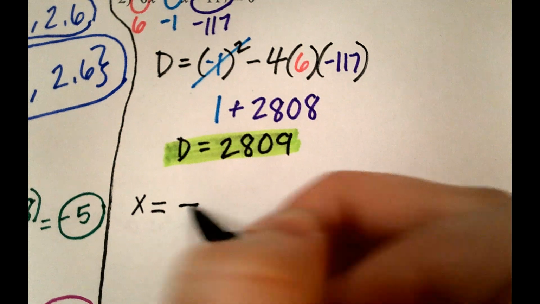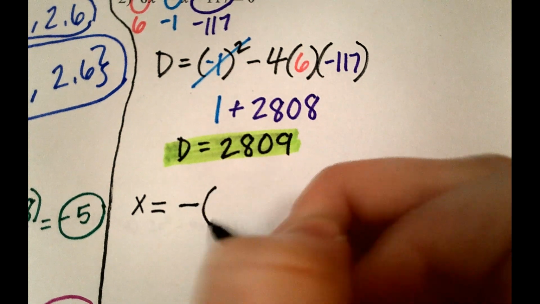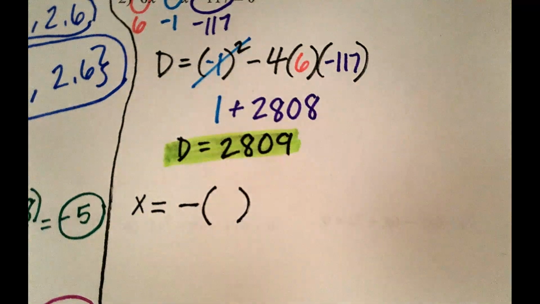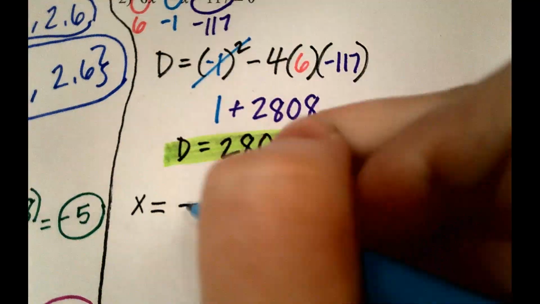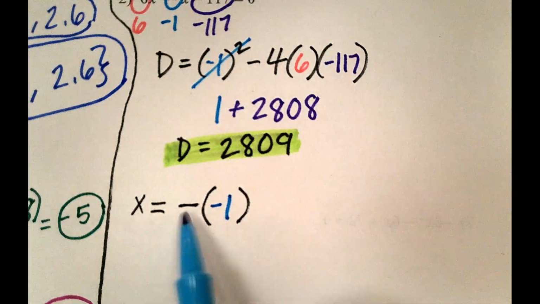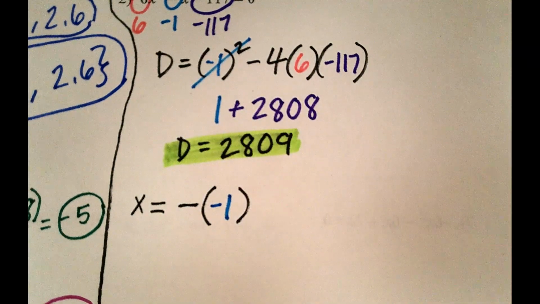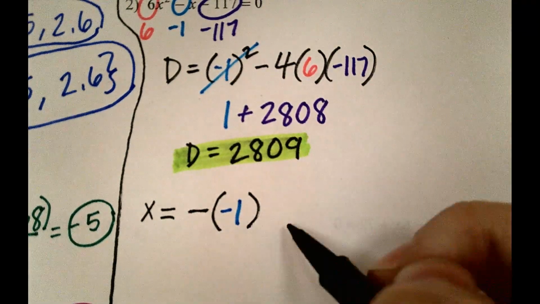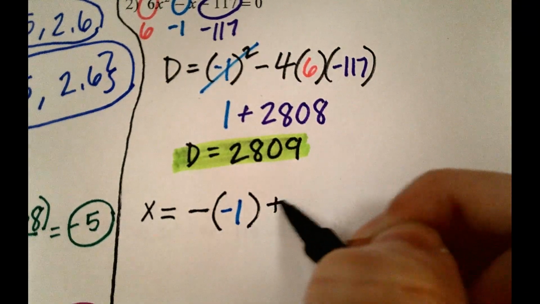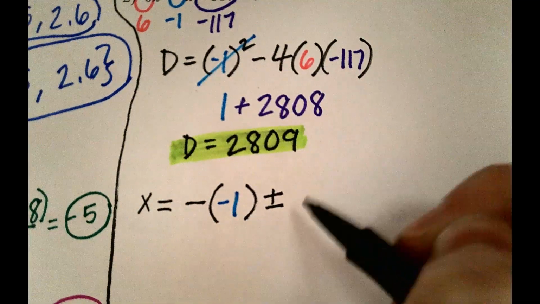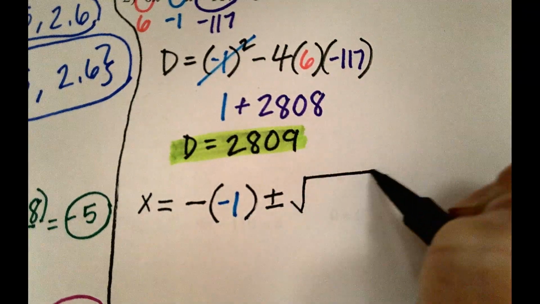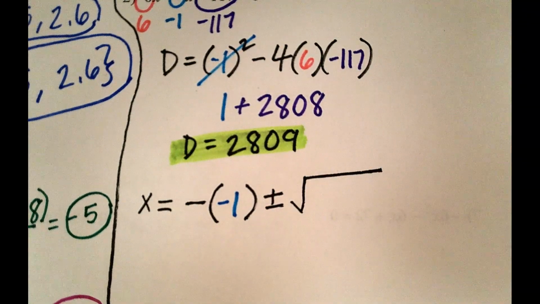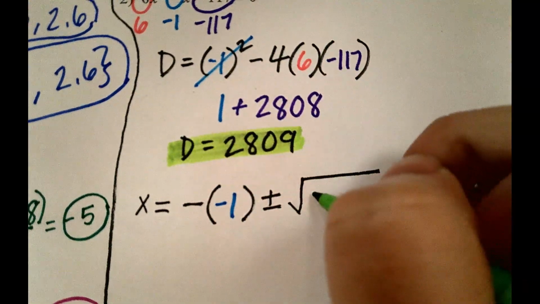There's a minus or a negative sign there. And then in parentheses, our B is negative 1. This is where we can forget sometimes. That negative always comes after the x equals. Now negative 1, so I've got negative B. Your plus minus sign, and square root is 2809. Perfect. My discriminant, 2809.